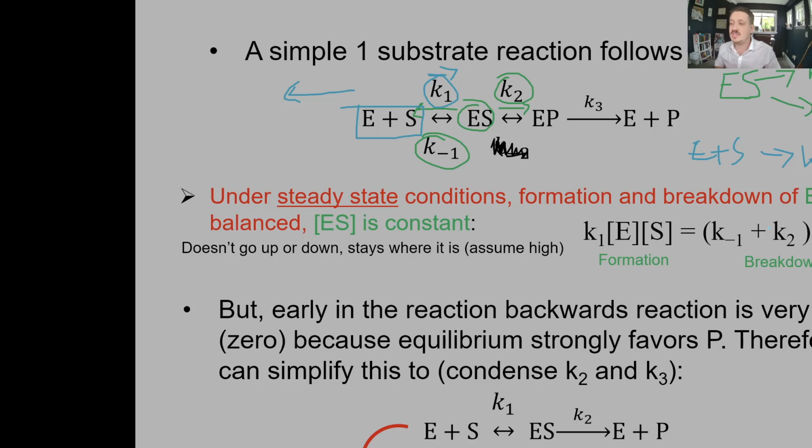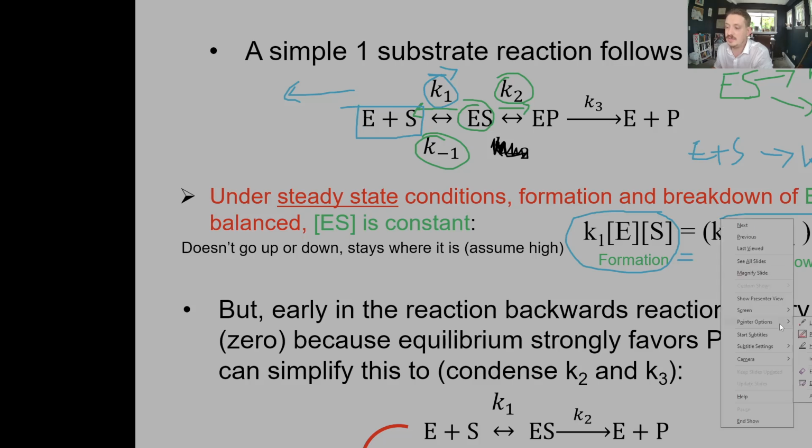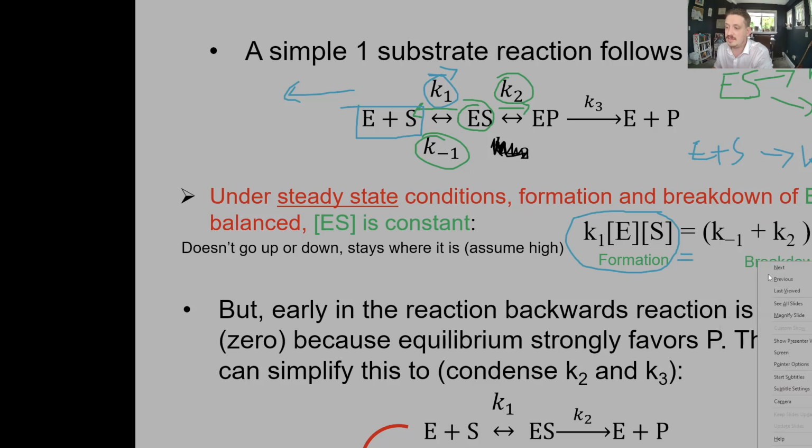Now, under steady state conditions, the reaction of E plus S coming together happens just as fast as the breakdown. Let's use the green for continuity. The formation is just as fast as the breakdown. Well, what does that mean?